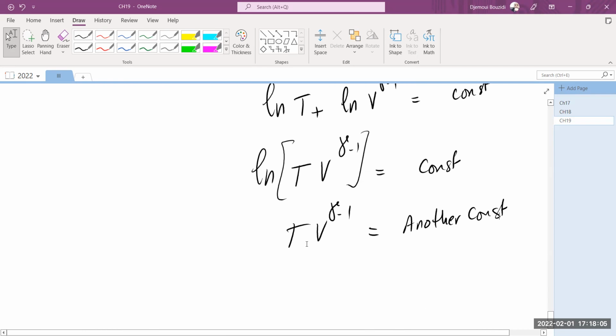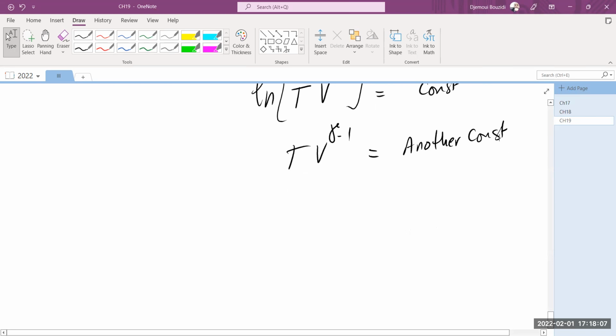Once you find one, you can find any one because of the fact that, remember, PV equals nRT. So I'm going to get rid of this T in favor of this P. That's all. So this T here is equal to PV over nR, and plug this expression in there.